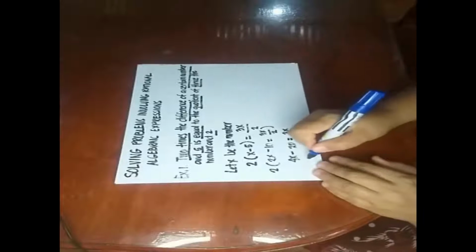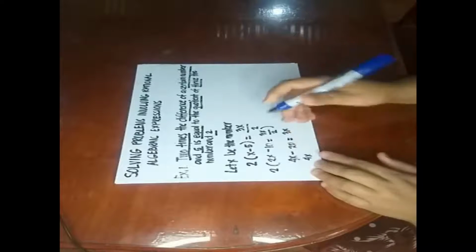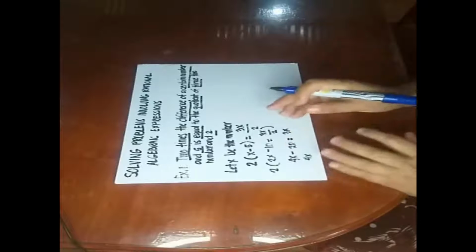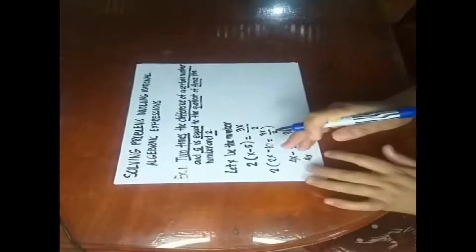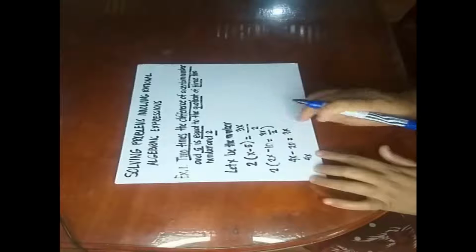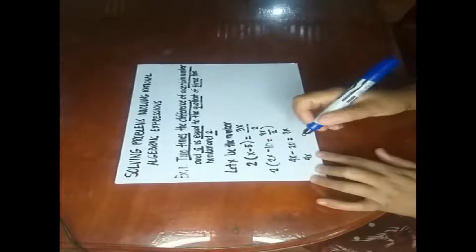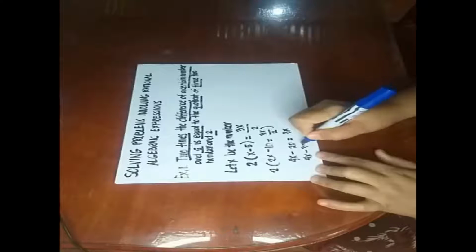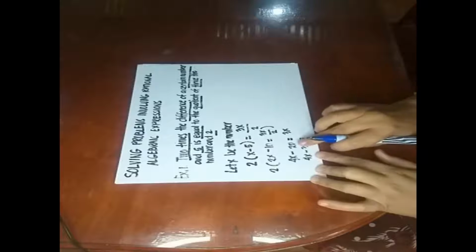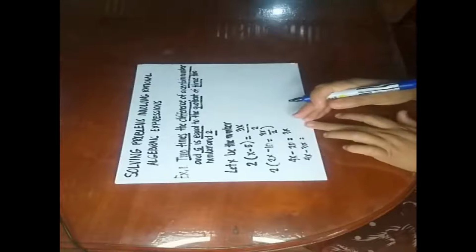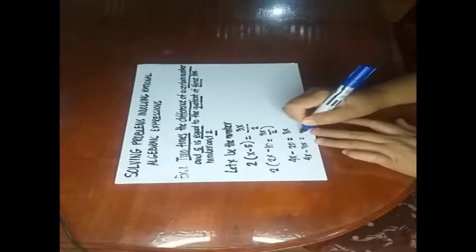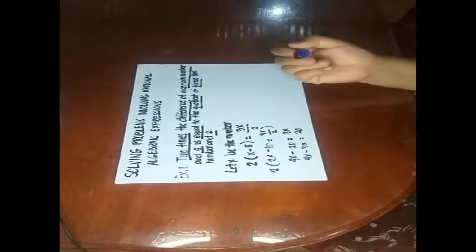Combine like terms. When you transfer terms to the other side, change the sign. So this positive 3x will become negative 3x. And also negative 20, when you transfer it to the right side, will become positive 20.